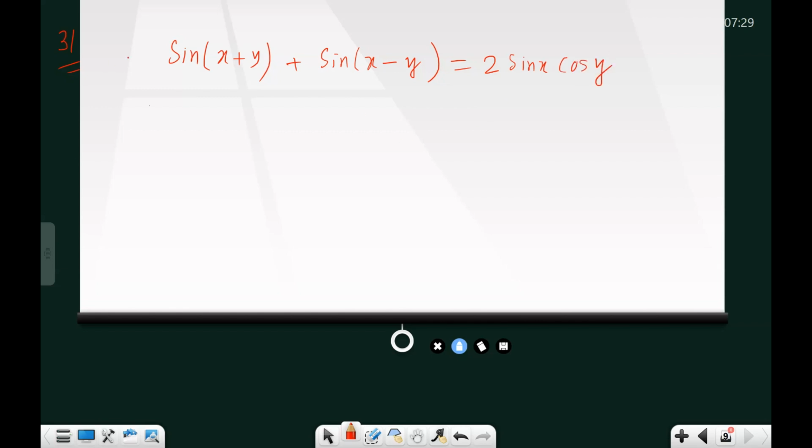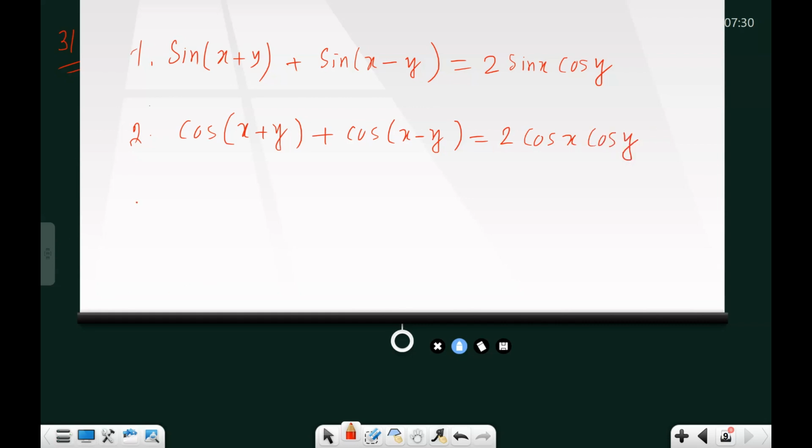Then the second one, you are to know: cos of x plus y plus cos of x minus y is equal to 2 times cos x cos y.